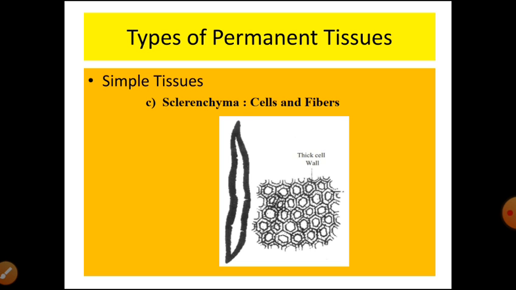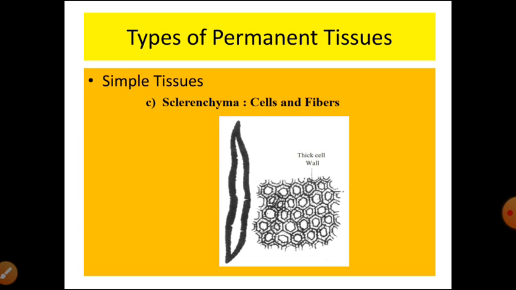Whereas fibers are much elongated sclerenchyma cells with pointed needle-like ends. These fibers have acute ends or blunt ends, or sometimes even branched ends are noticed.